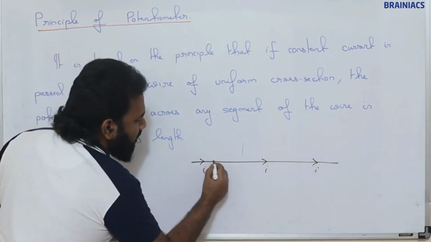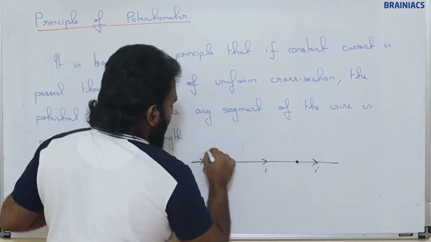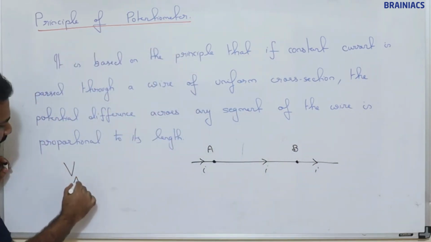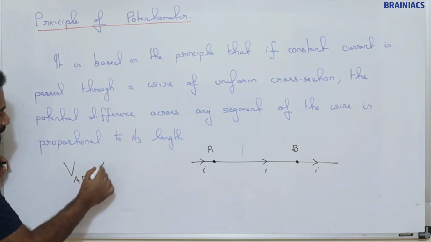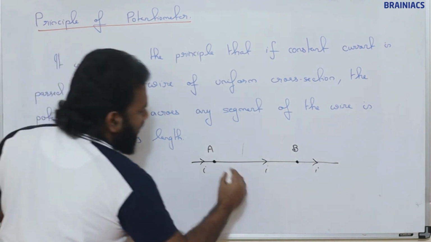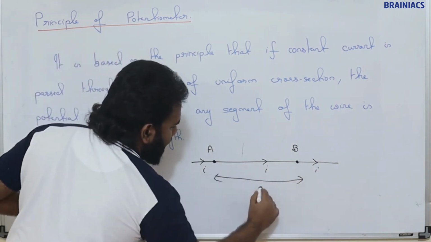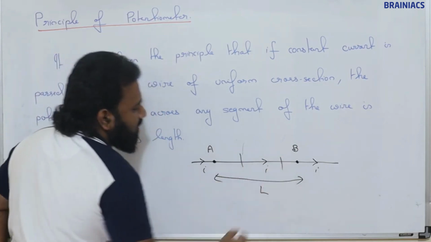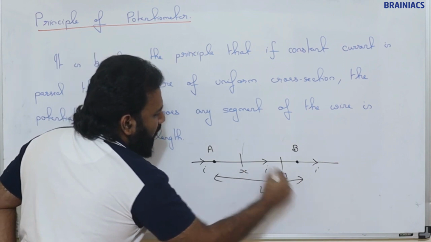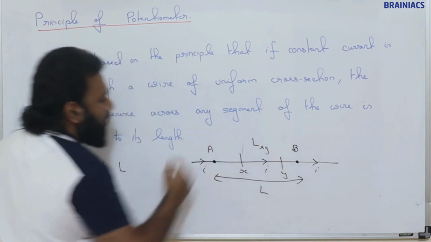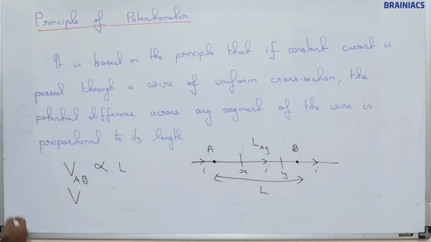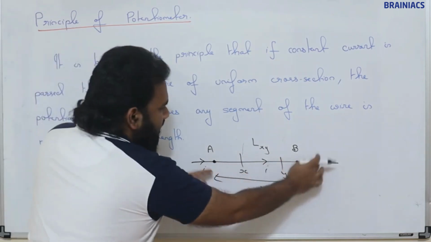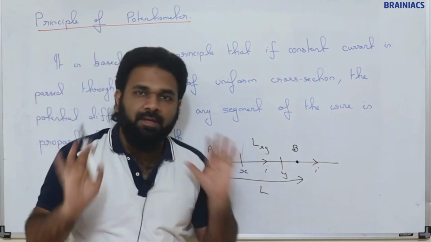Say for example, suppose this is a point A and this is another point B. Then we can say that the voltage across the points A and B is proportional to its length, that is, if this length is L. Suppose we take a small part from this and name the points X and Y, and this length is LXY, then the voltage will be proportional to LXY.